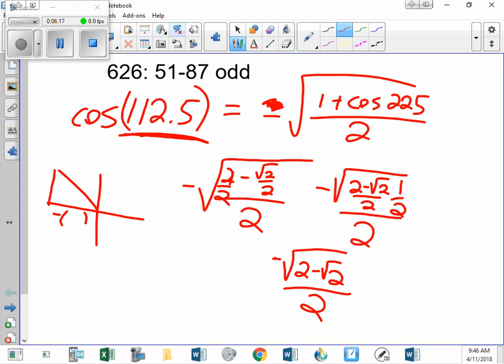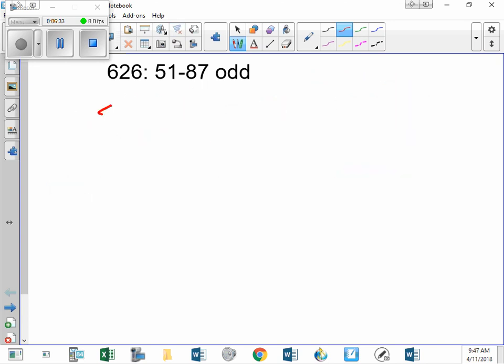Cosine problems are really easy because if you want a cosine, you have to use a cosine. If you want a sine, you also have to use a cosine, so that can be a little bit confusing. So let's do the sine of 22.5. The formula is almost identical.